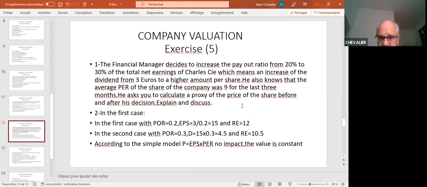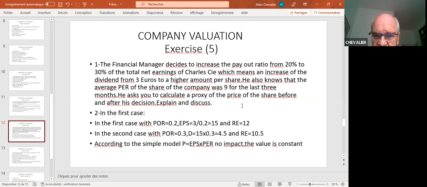Remember that 3 is the amount of dividend distributed, and 0.2 is the payout ratio, and it is equal to 15. Now, if you put it another way, you find that the dividend itself, 3 euros, is a result of the split of the earning per share between dividend, 20%, and 80% for retained earnings.